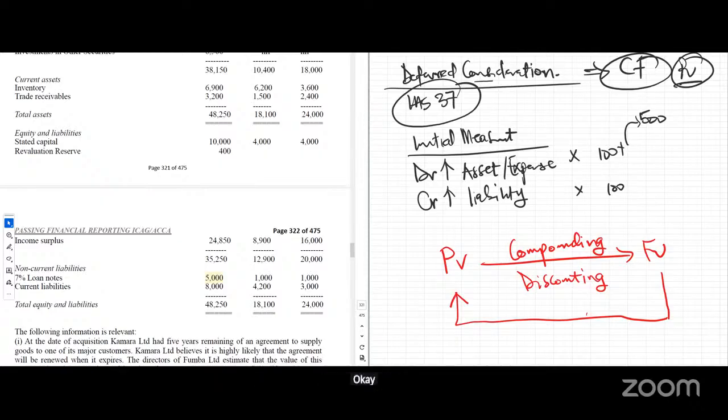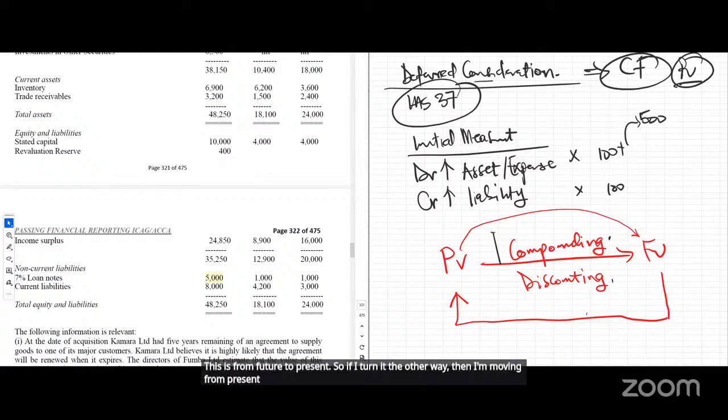Now, if I unwind the discount, what happens? It's only between compounding and discounting. Discounting is from future to present. So if I turn it the other way, then I'm moving from present to future. Then I'm compounding.